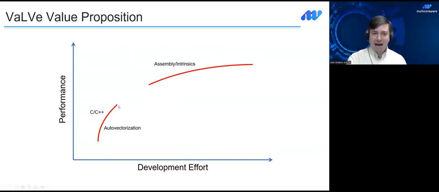And then there's a big gap between there and the effort that you have to do to write your vectorized and optimized code in assembly or intrinsics.